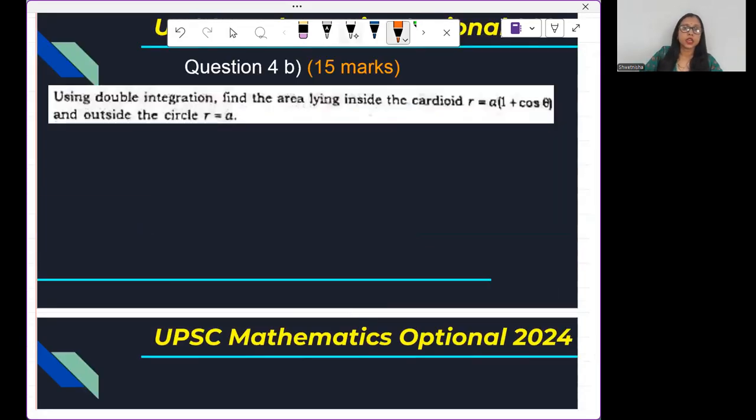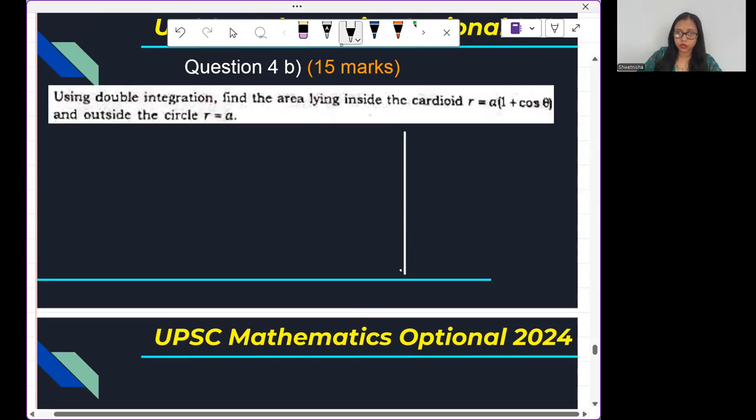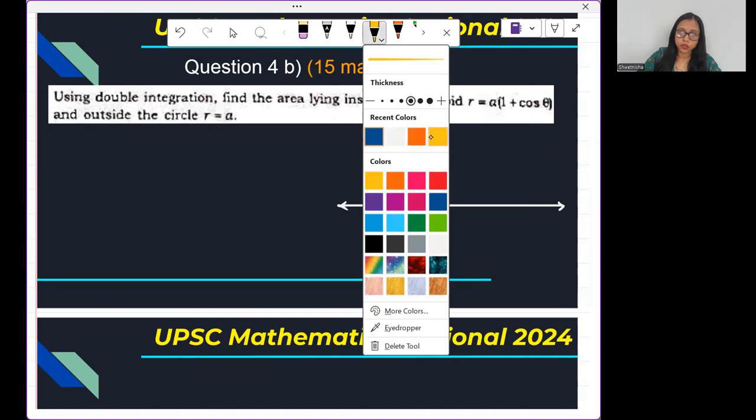4B part. Using double integration, find the area lying inside the cardioid and outside the circle r = a. So what is this cardioid? We have done this cardioid question in class. What is the picture? How does it look? So the cardioid looks like this.